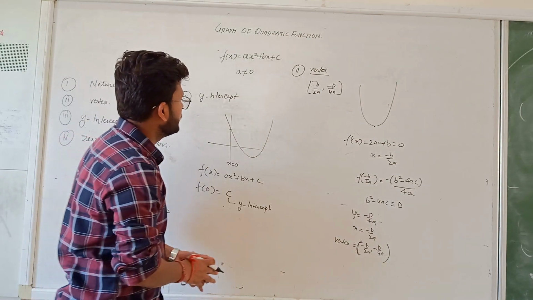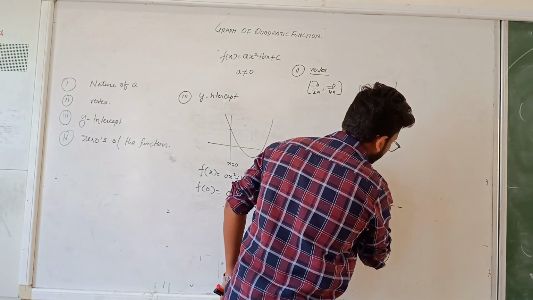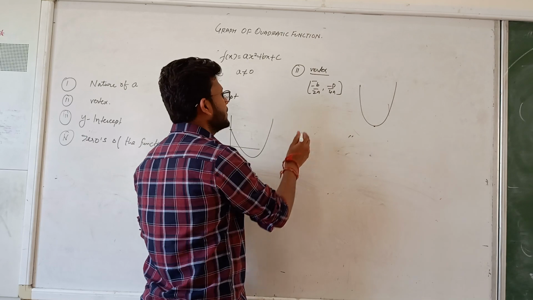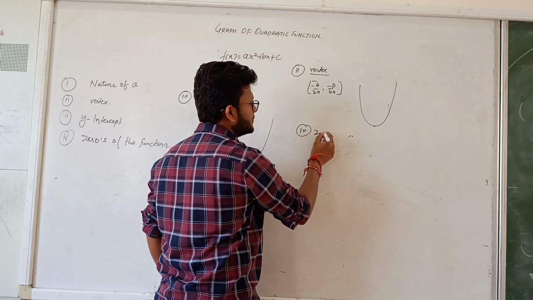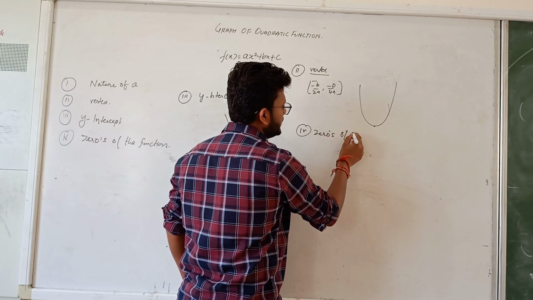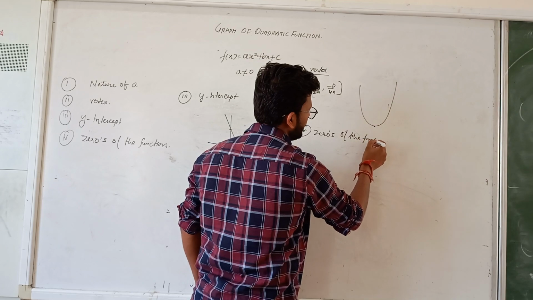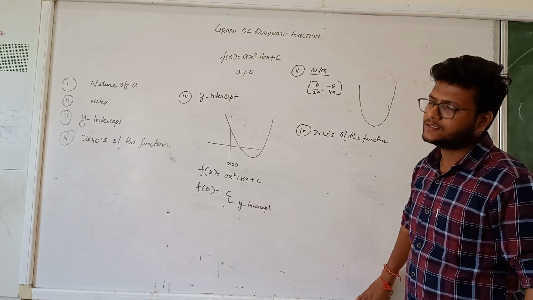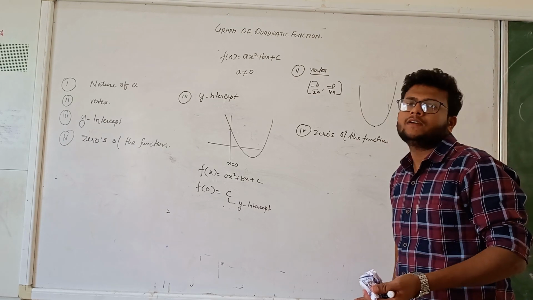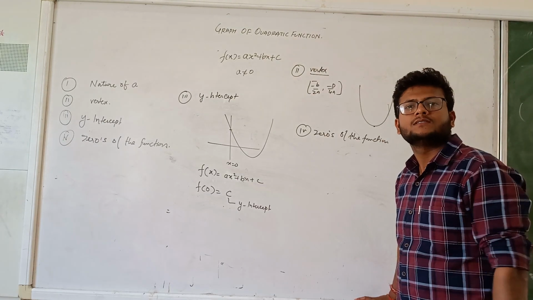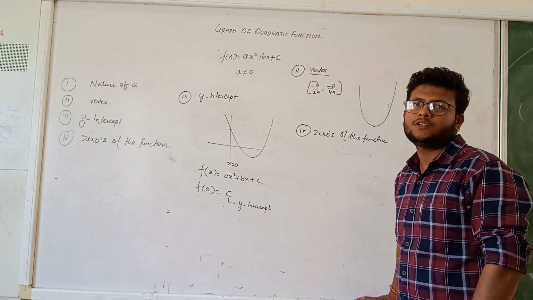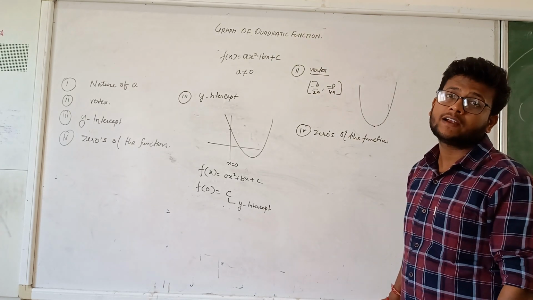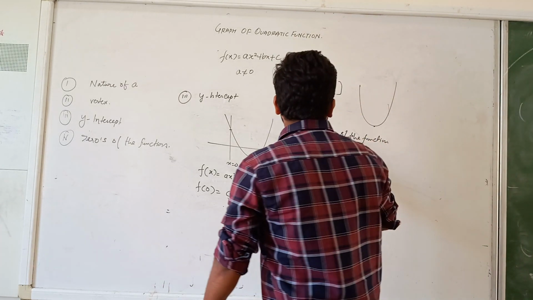Fourth and last is the zeros of the function. We all know that the zeros of a function are the values of x for which the value of the function equals 0. How can we find them?